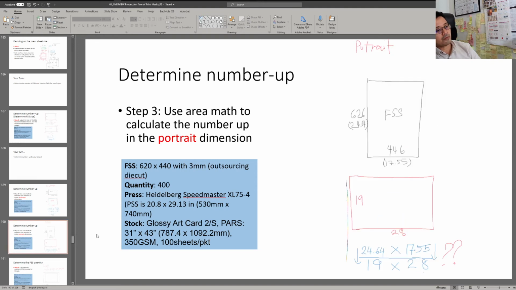Landscape ataupun portrait. Now, before saya lupa Alim, have you consider grain direction Alim? Kalau potong 4 tadi dah consider grain direction dia macam mana?